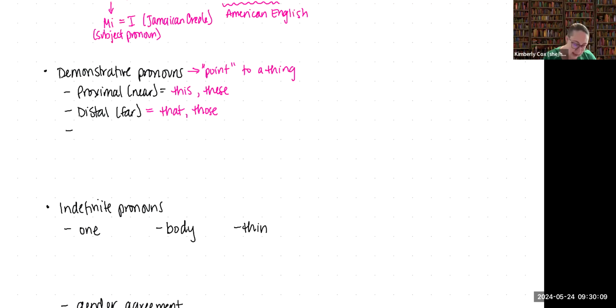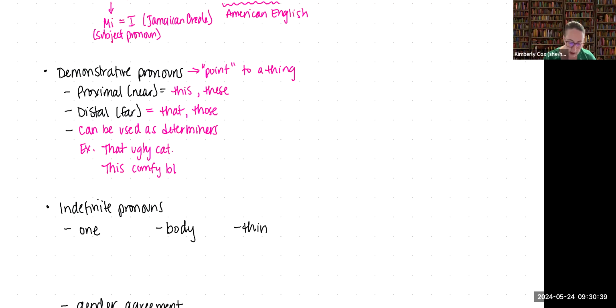Now, these types of pronouns can be used as determiners. Okay. So for example, I could say that ugly cat, or this comfy blanket, right?